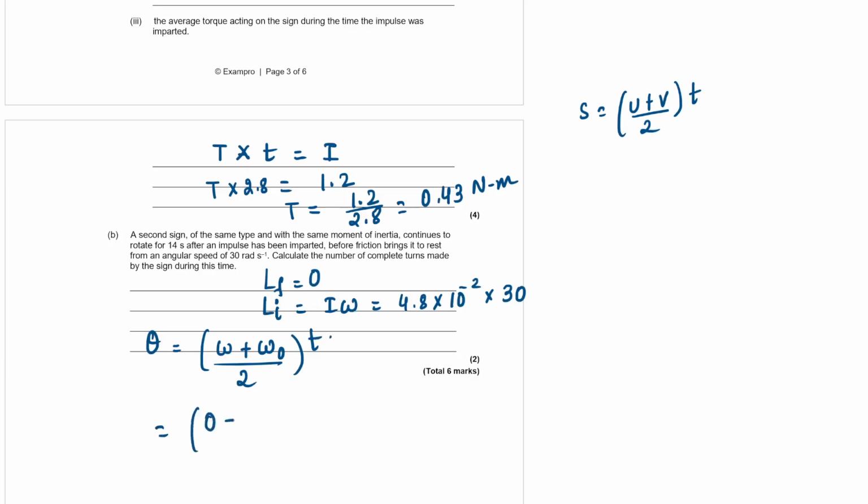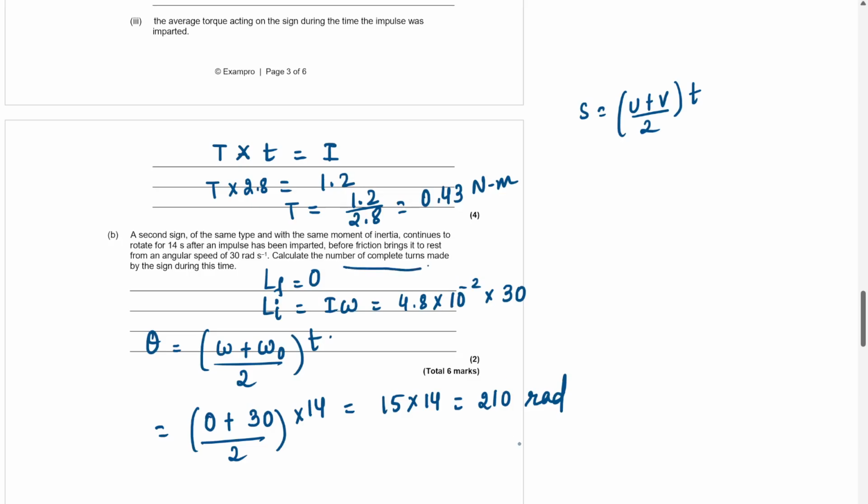Final is 0, initial is 30, time is 14 seconds, which is 15 times 14, which is 210. Now this 210 is in radians. It's asking you number of complete turns, so you need to convert this into revolutions by dividing it by 2 pi radians.